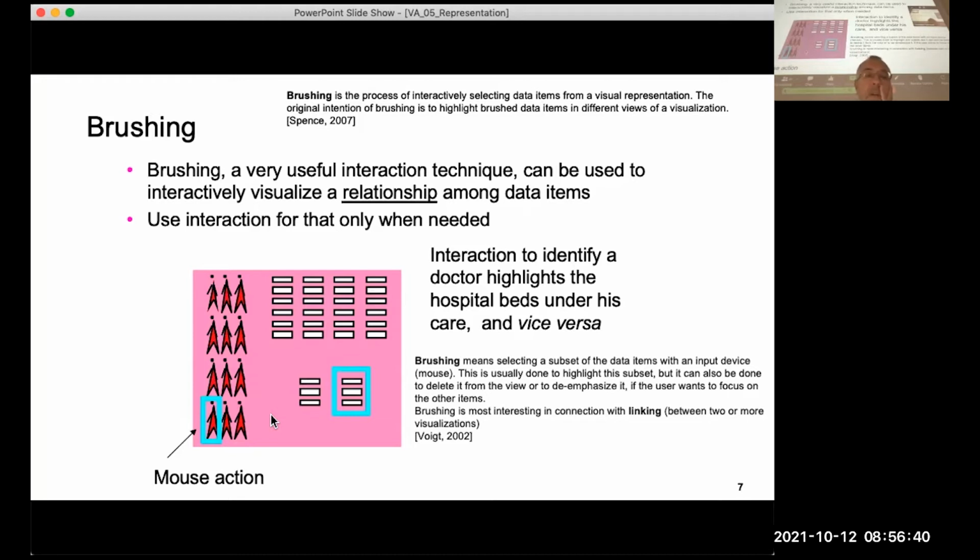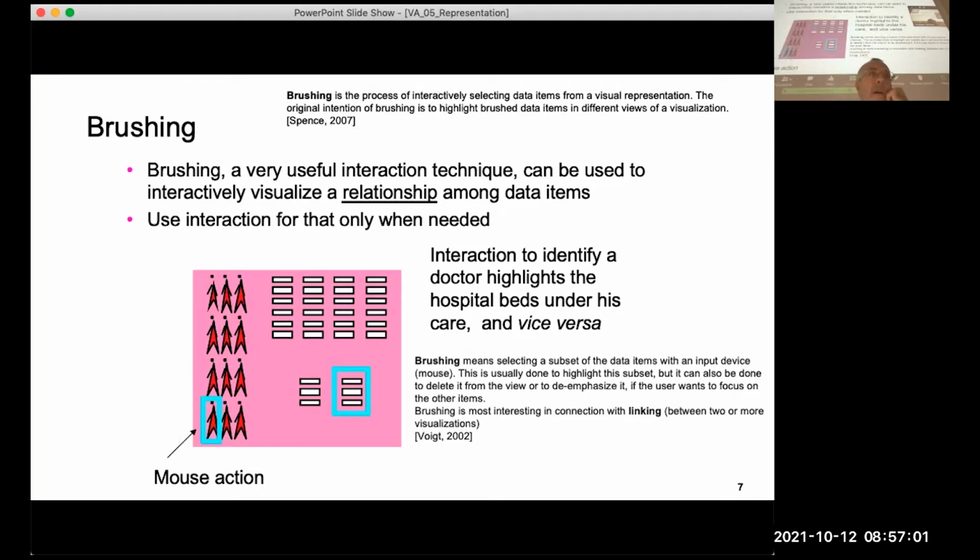Brushing is a very old technique that was defined by Bob Spence in his book in 2007. Basically, it's the process of selecting data items interactively, meaning doing something, typically with the mouse, but you can also use a touch screen.